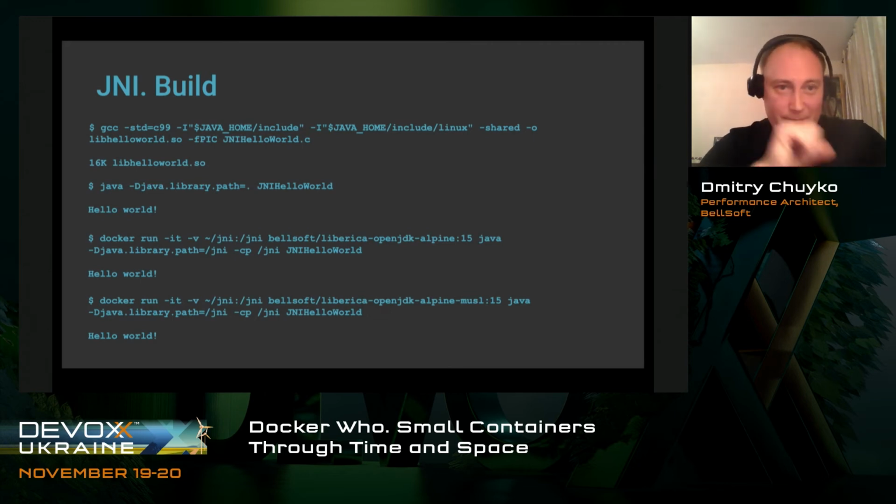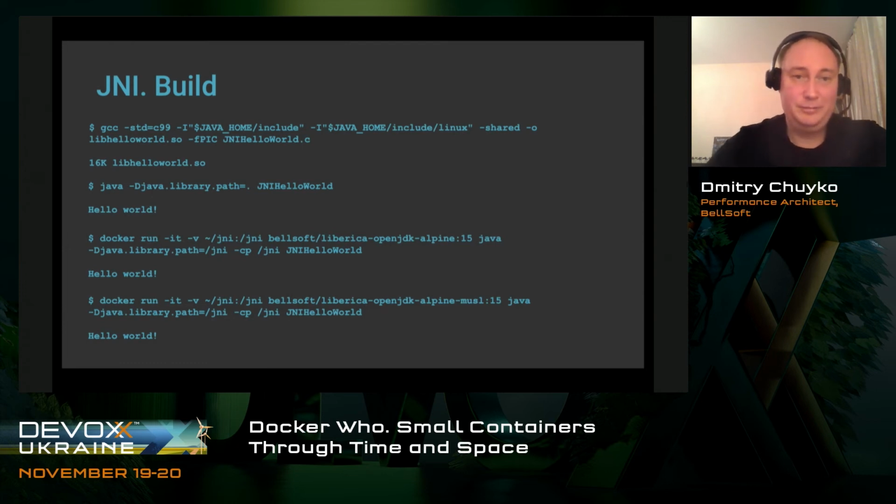So we have some nice hello world implementation saying hello in native code, and then we assemble it and try to run it. Surprisingly, it works in all the environments, like my local Linux installation, which is glibc based, Alpine, not musl, which has a glibc compatibility layer, and Alpine musl, well, because we were lucky.